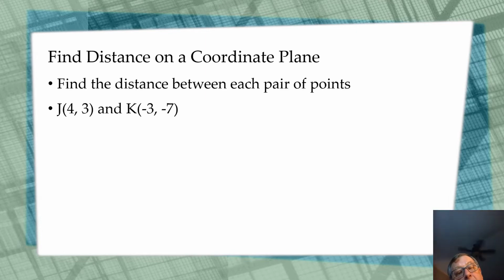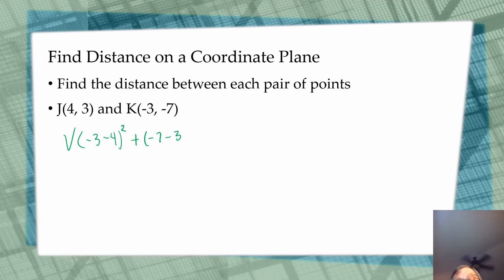So now again, we're going to take the square root of x2, -3, minus 4, squared, plus my y2, which is -7, minus my y1 of 3, so it's going to be -3 then, minus 3, squared. I'm going to take the square root of that.